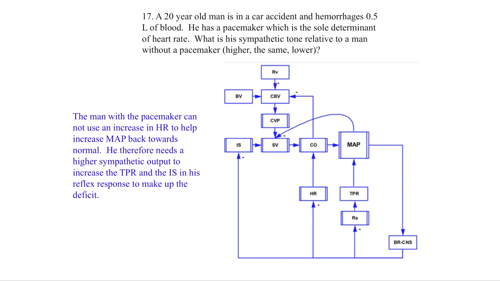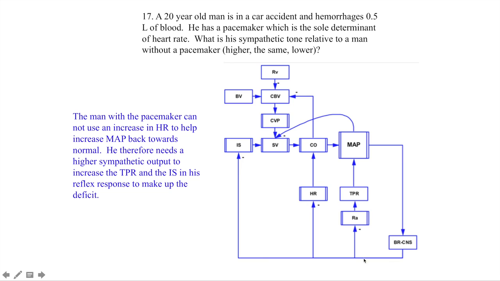So the answer is the sympathetic tone must be higher, and the reason is because the man with the pacemaker has to bring his mean arterial pressure up without the help of heart rate. So that means he's going to have to increase his total peripheral resistance and his contractility a little bit more than the man that has an increase in heart rate to help out at increasing this mean arterial pressure.